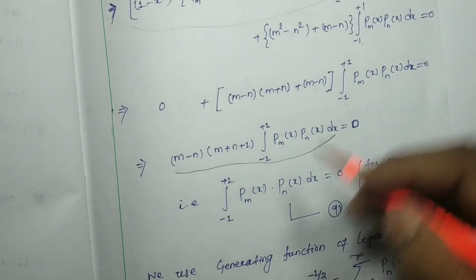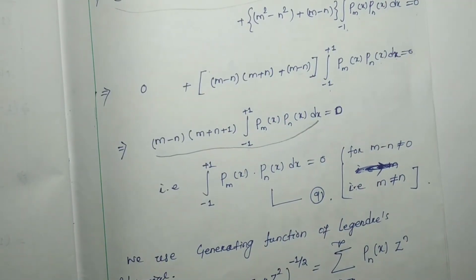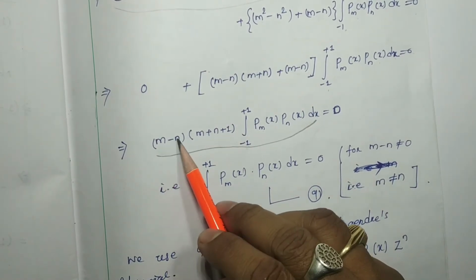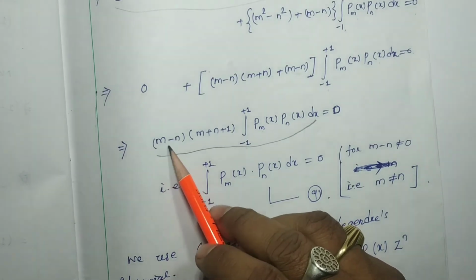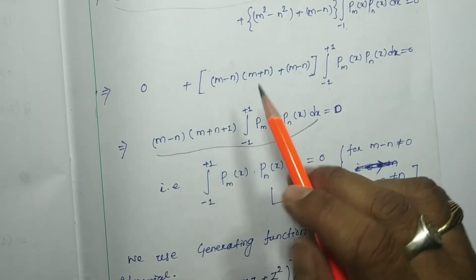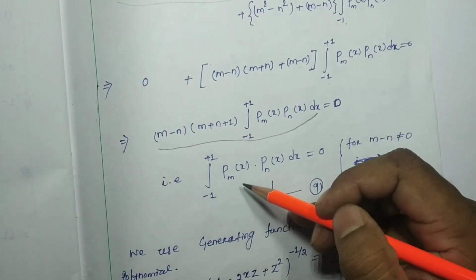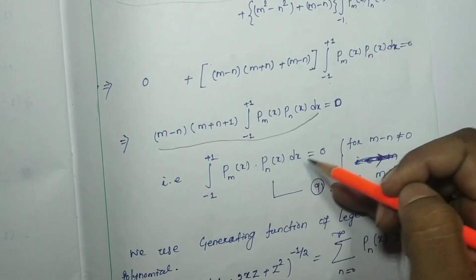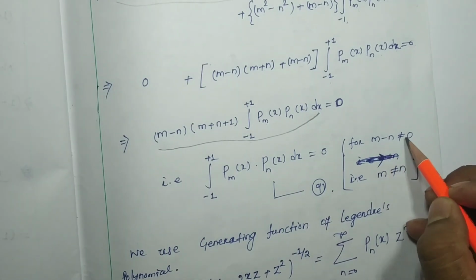When will it be 0? If m equal to n, right? If m equal to n, then the left hand side will be 0, right? Or we can say integral minus 1 to plus 1 pmx pnx dx will be equal to 0 for m minus n not equal to 0.